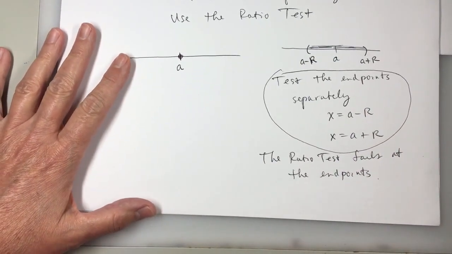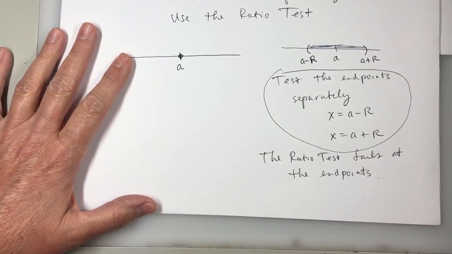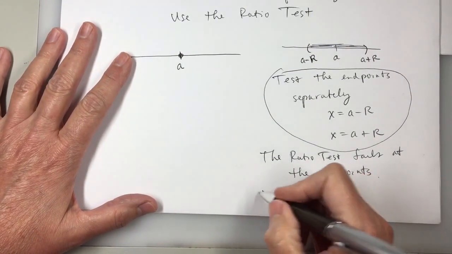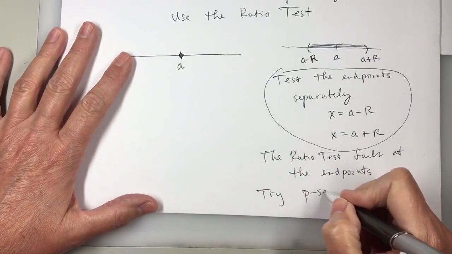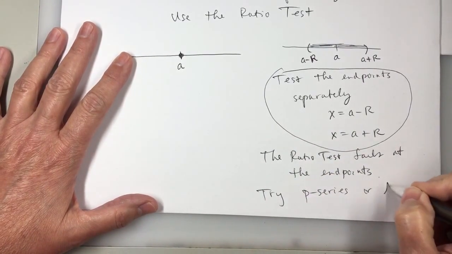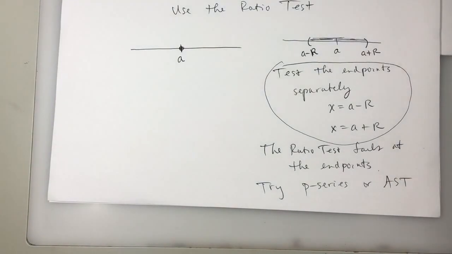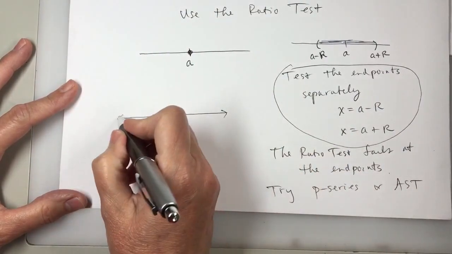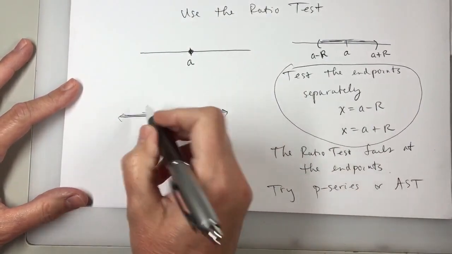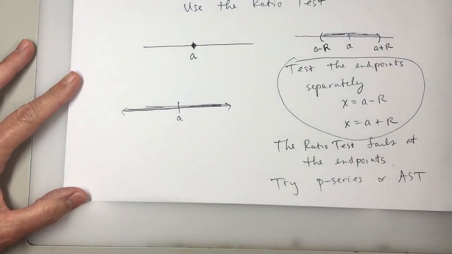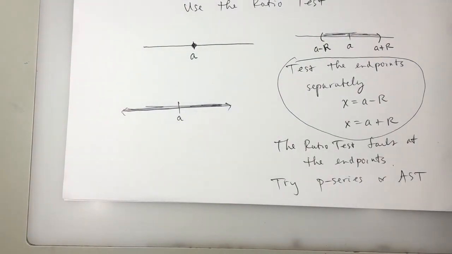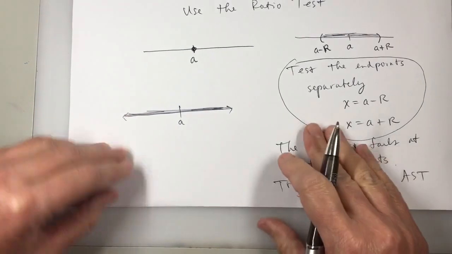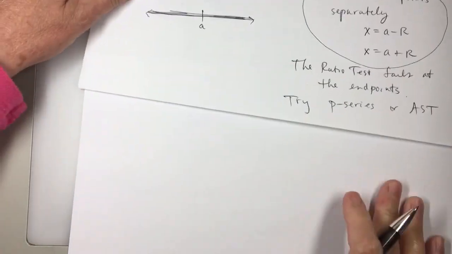So here you plug in that value for x in the series and you try p-series or AST or something like that. Those are the two that I think of that are probably the most common at this point. It could be, when you look for the interval of convergence, that it converges for all numbers on the number line, even though it's centered around A. So if that's the case, you don't have any endpoints to check. So that's 11.8 rather.